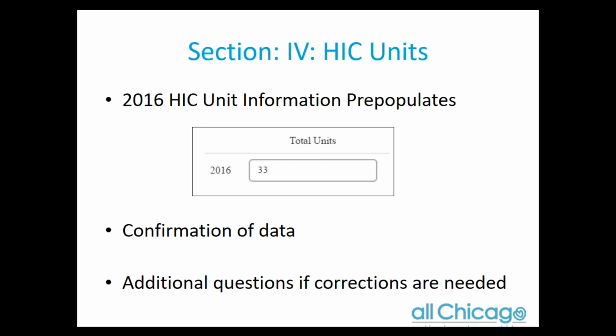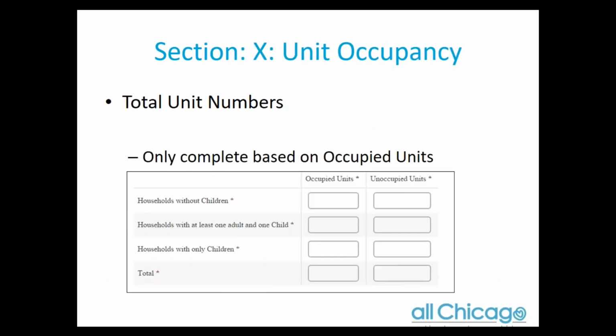Section 9 is regarding your HIC unit. Again, 2016 information will pre-populate, so you will have to update this section, because your 2016 unit number is what was occupied last year, which may be different come January 26th. Then you'll move on to the unit occupancy.